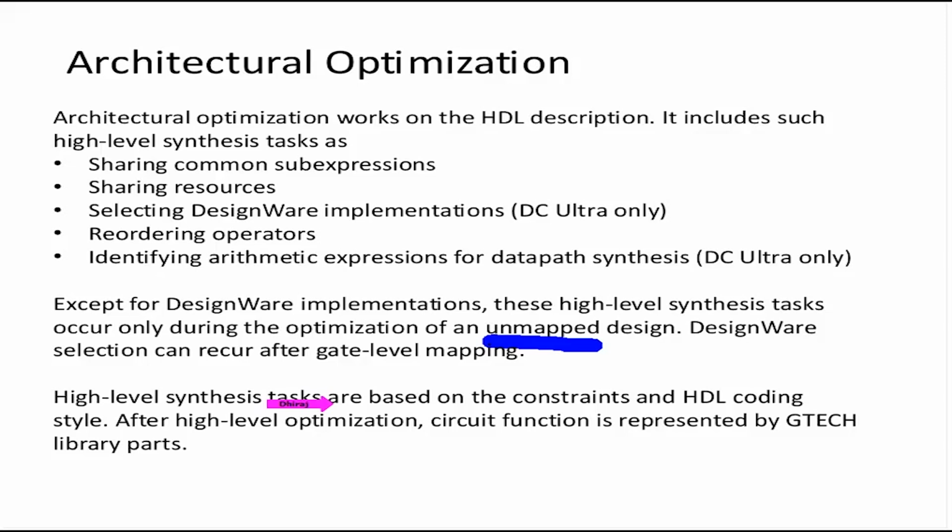If our constraints are very aggressive, then DC will not use ripple adders. It will use some other type of adders like carry look ahead or carry save that are better in performance, and so on. So after this high level optimization takes place, the netlist we get is the GTech netlist.